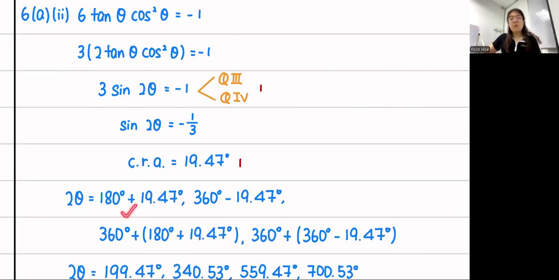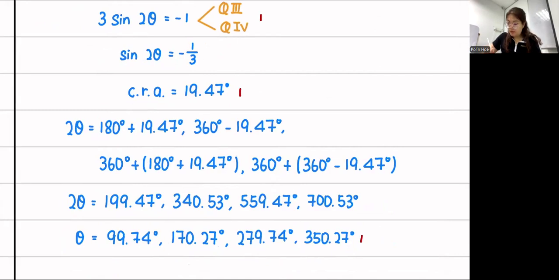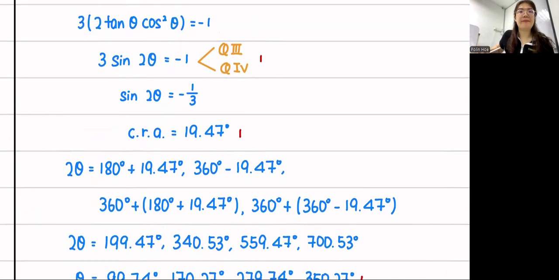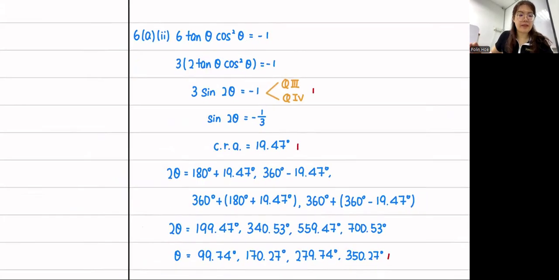So quadrant 3, quadrant 4. For the second round, quadrant 3, I have to plus 360. For the second round of quadrant 4, I have to plus 360 as well. Okay, I get 4 values. And for theta, divide by 2. Every value divide by 2. Done. This is my A.